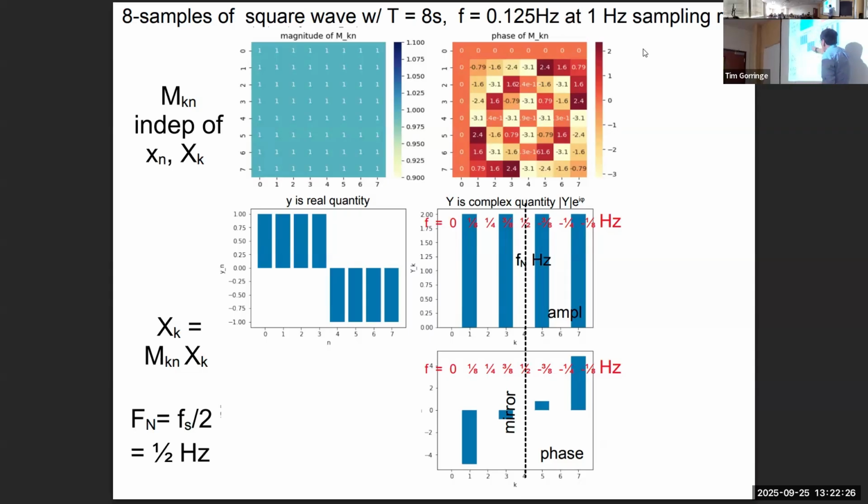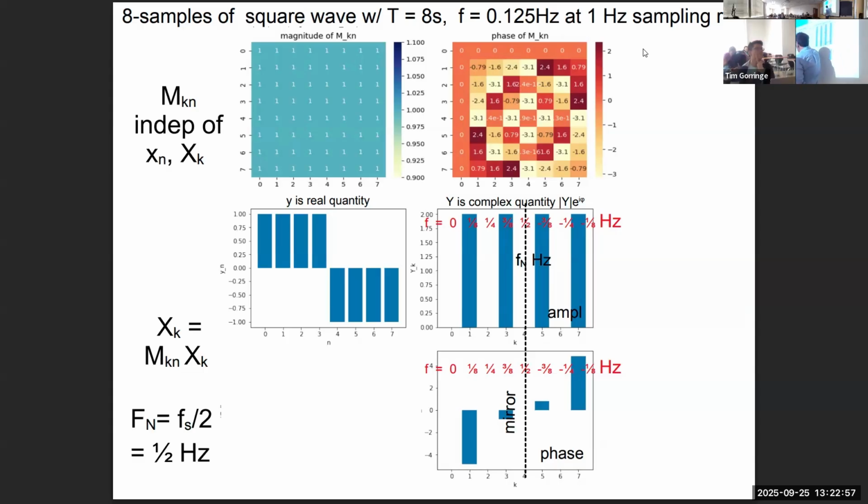So when I multiply this vector, which I've got to correct down here, by this matrix, I get the complex array of numbers that is the frequency domain data for it. And it tells me that this signal has a frequency component at 1/8 of a hertz and 3/8 of a hertz.